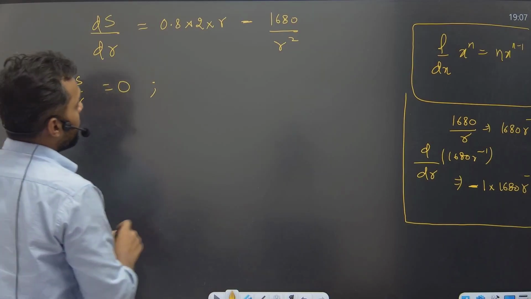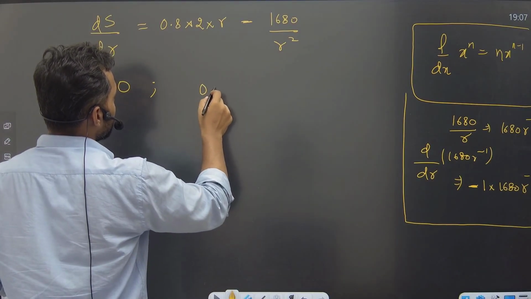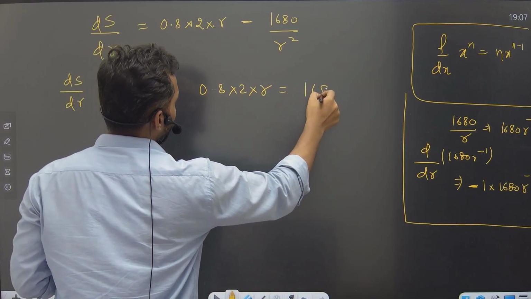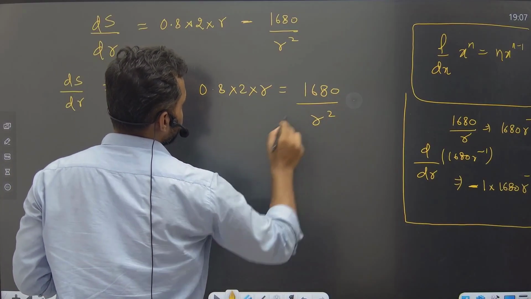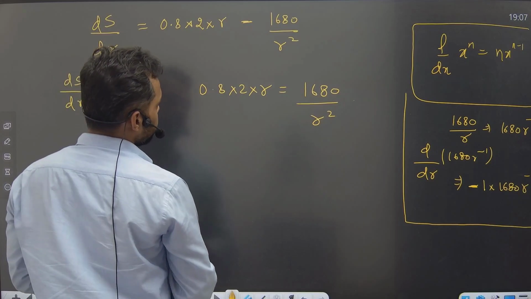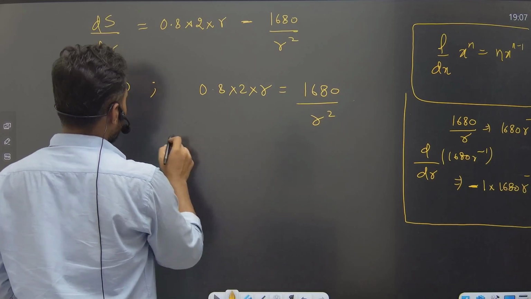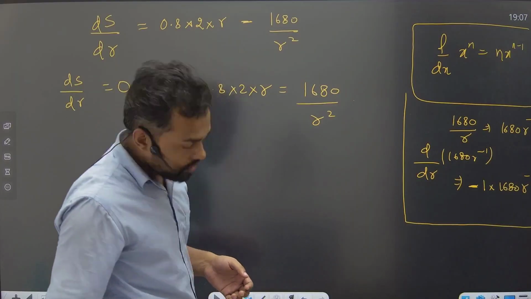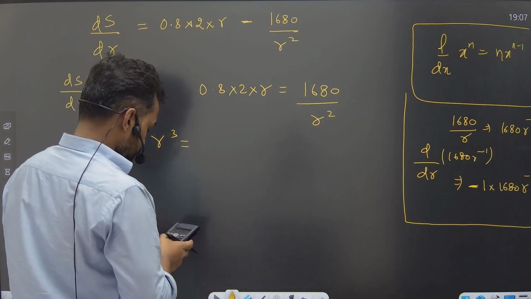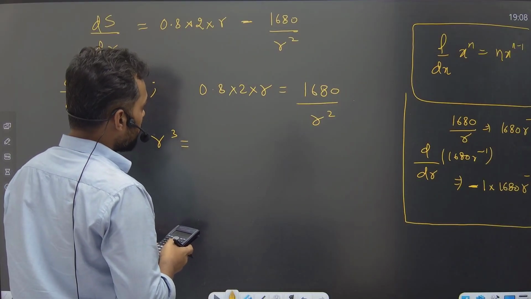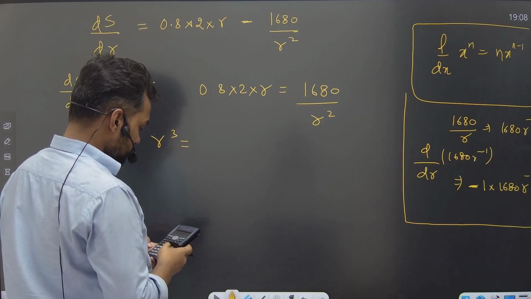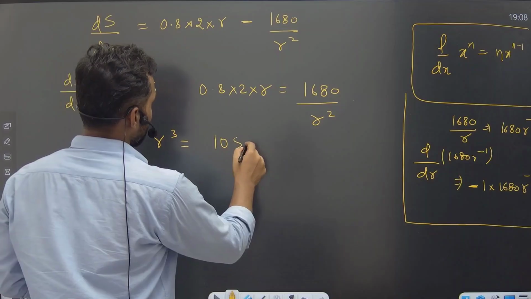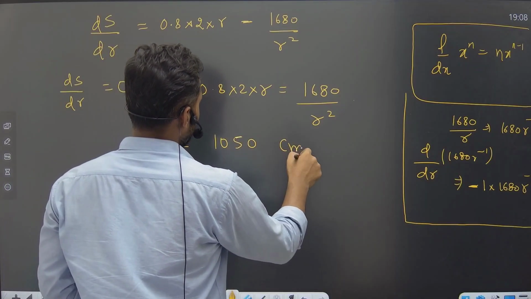If it is equal to 0, it means 0.8 into 2 into r will be equal to 1680 by r square. On calculating further, r cube equals 1680 by 0.8 divided by 2. So we are getting 1050 centimeter cube.